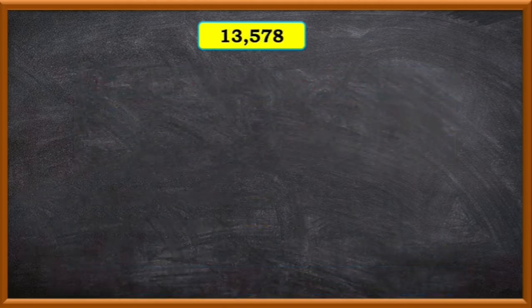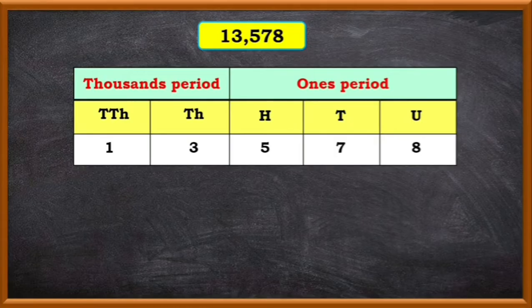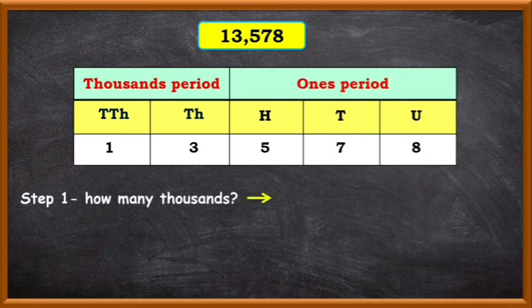Let us try one more number. Look at the number 13578. So 1 in the 10,000s place, 3 in the thousands place, 5 in the hundreds place, 7 in the tens place and 8 in the units place. So first step is how many thousands there are?